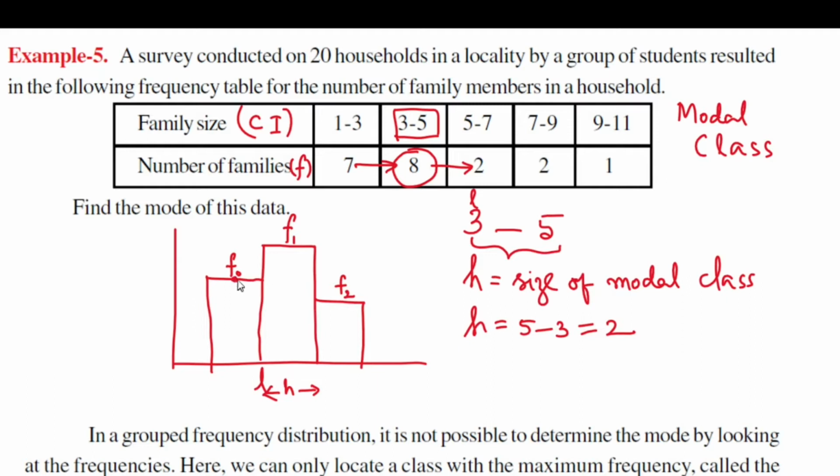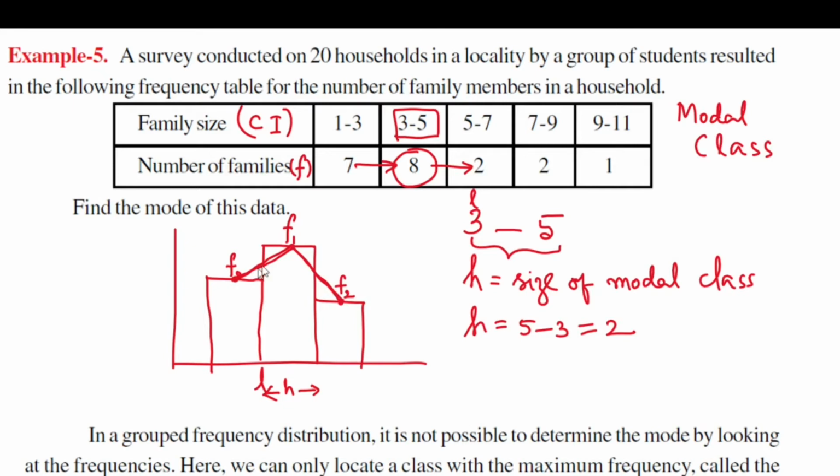From this mid value, if you draw a straight line to the other mid value, we can visualize the trend of the frequencies and the trend of the change in frequencies. Here the frequencies are increasing like this and again decreasing like this.